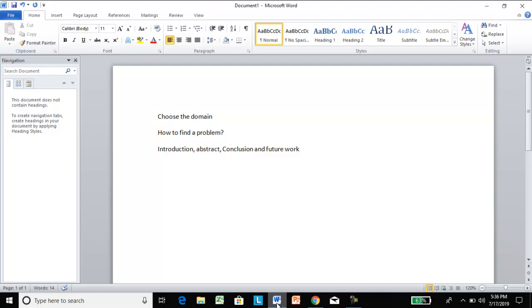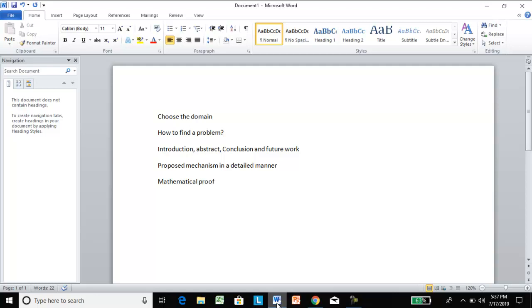Then slowly get into reading about their proposed mechanism in detail, so that you know what techniques and algorithms they have used, what their experimental setup is, and what mathematical proof they have made to justify their proposed solution.